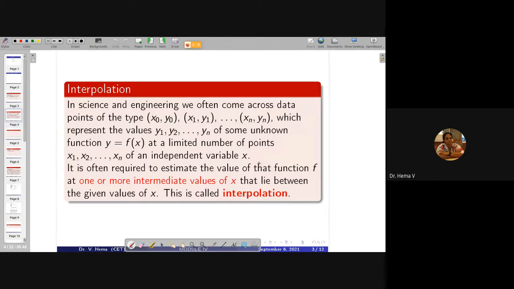This technique of estimating the value of a function at intermediate values is called interpolation. If you are going to find values exterior to the given data interval, that is called extrapolation. That is another technique; you are not going to study extrapolation here. That is for exterior cases. For interior intermediate values, you will be using interpolation. The other one is extrapolation.